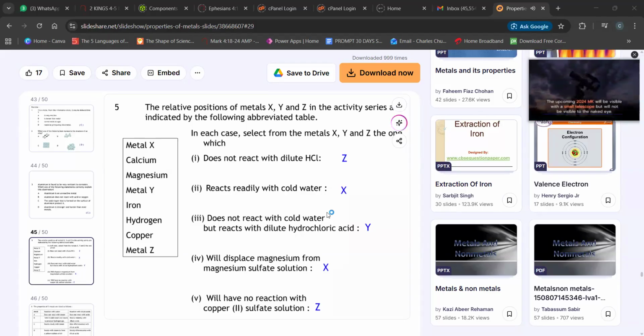You can see that the ones that do not react with dilute hydrochloric acid are at the bottom. It's not strange at all that Z is going to meet that criteria. The one that reacts readily with cold water is straight there at the top of the reactivity series. And the one that's somewhat in the middle does not react with cold water, but reacts with dilute hydrochloric acid. I think we can move on.